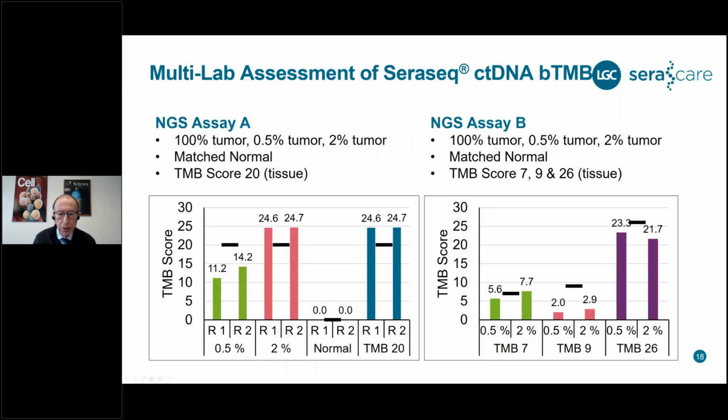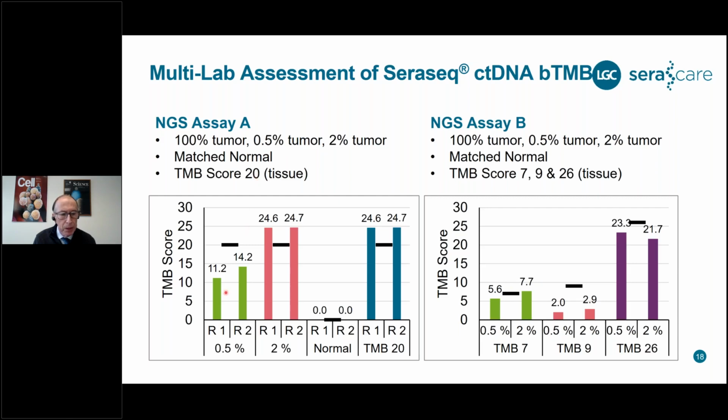So lots of issues. Here's some interlab data using some R&D lots of blood TMB from our company in 2 different assays. So in this particular assay, we looked at 100% tumor, 0.5%, and 2% tumor. These again matched normals, and again this was just score 20.